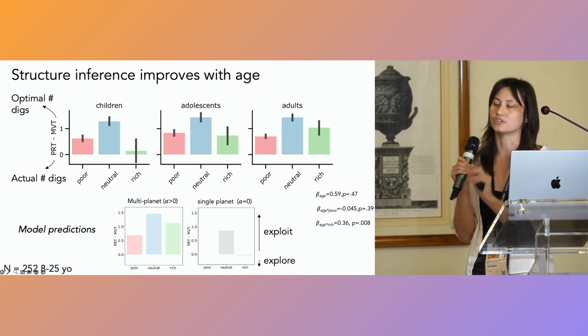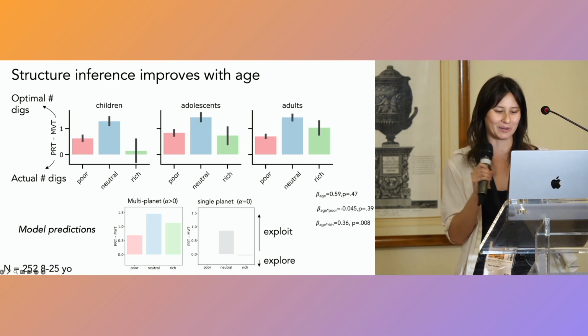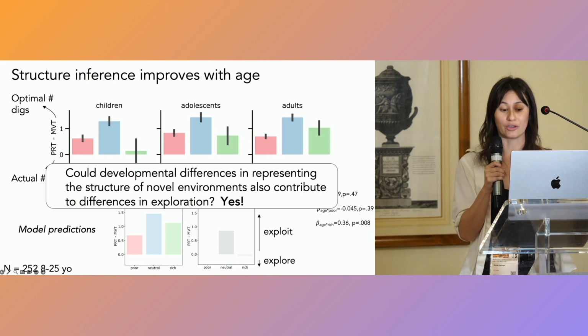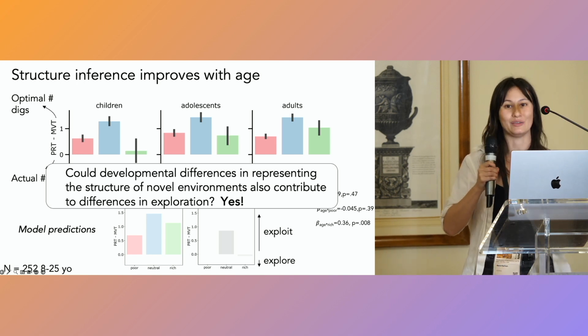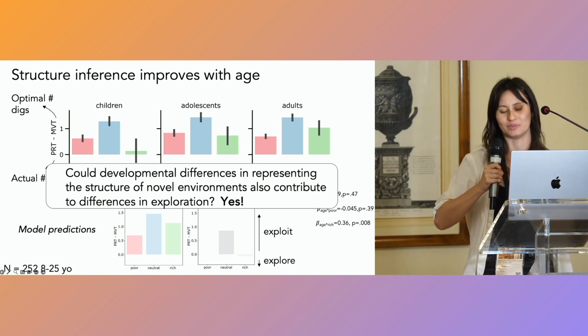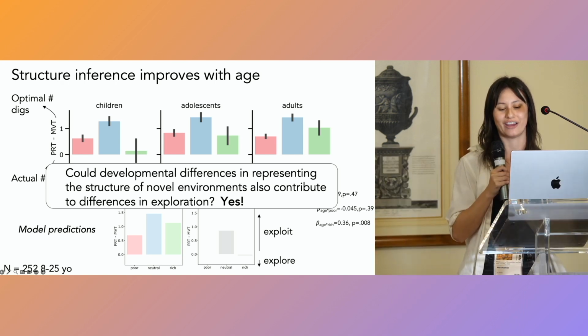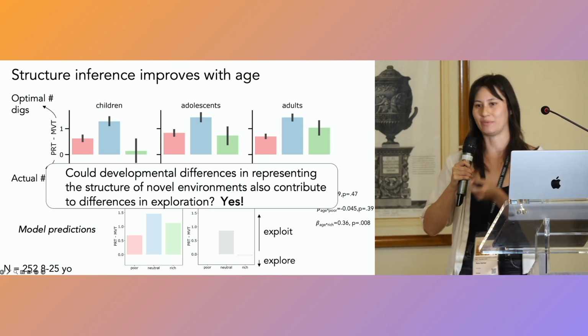And then adolescents are sort of falling in between there. So if we return to the question we originally posed, it does seem, yes, that there are these developmental differences in inferring and representing the structure of the environment, and these seem to be shaping exploration.